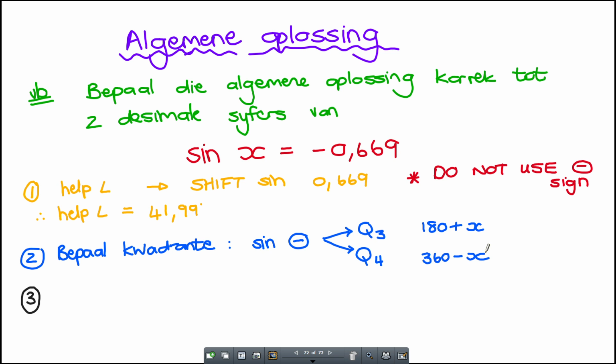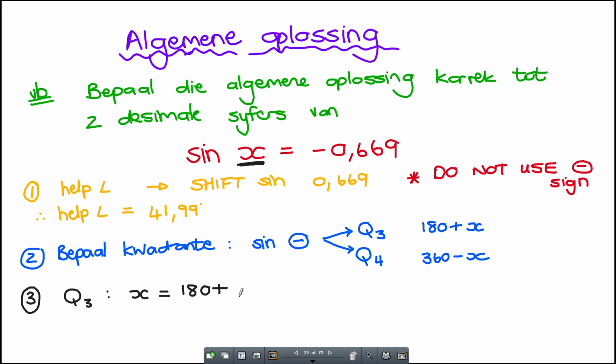So because that sign is negative in quadrant 3, we're going to say this, meaning x is equal to, en kwadrant 3, x is gelyk aan, en omdat dit kwadrant 3 is, 180 plus, but now I can't say x, want ons het mos die hulphoekie hier uitgewerk, sien julle?